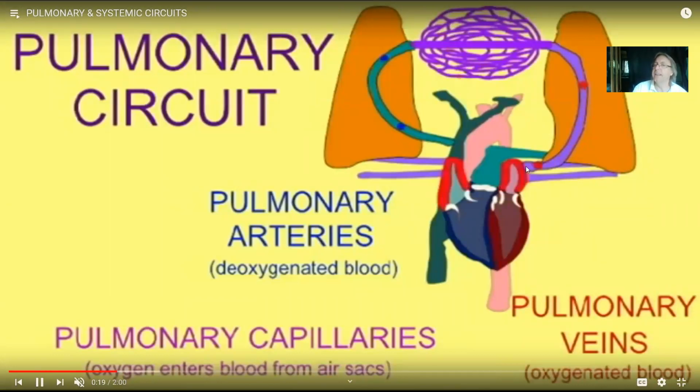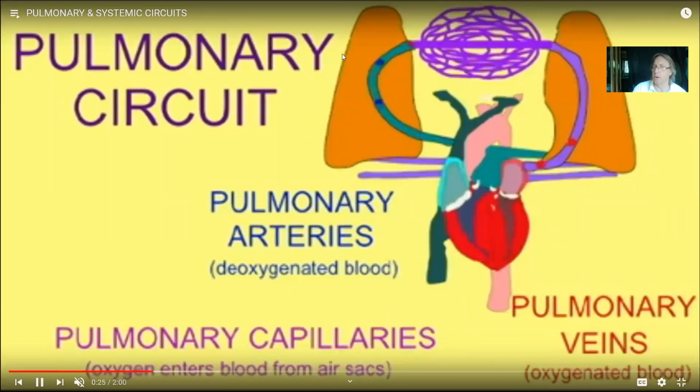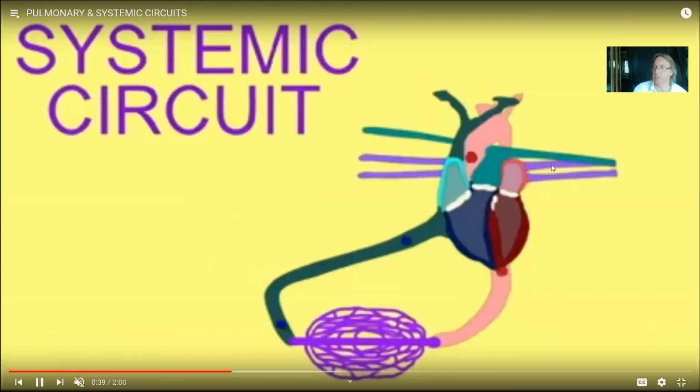In this loop, the blood that's in the arteries, the pulmonary arteries, that's the blue deoxygenated blood, while the blood that's coming back through the pulmonary veins is red and oxygenated. So the right ventricle pumps blood to the lungs and back as part of the pulmonary circuit. In contrast, the left ventricle is pumping red oxygenated blood to the body's systems and back.